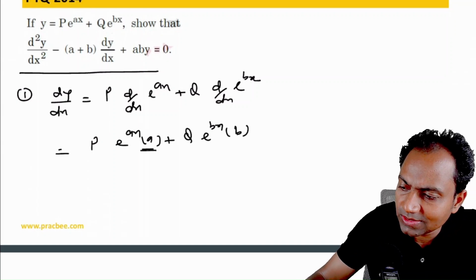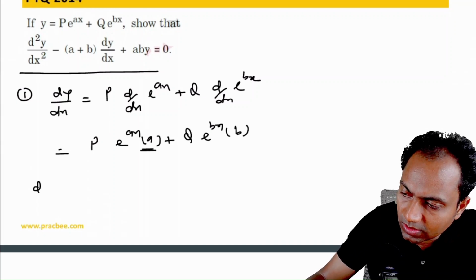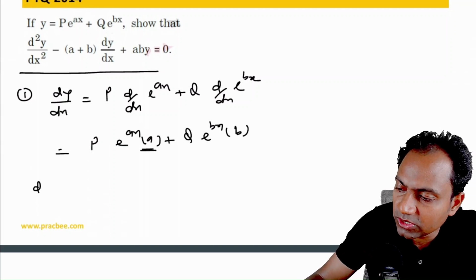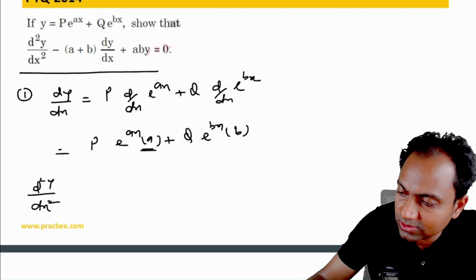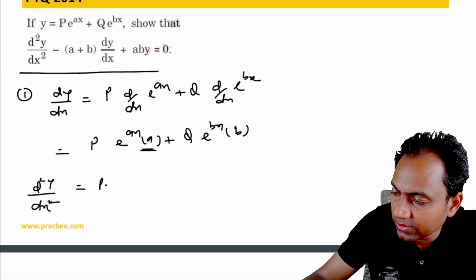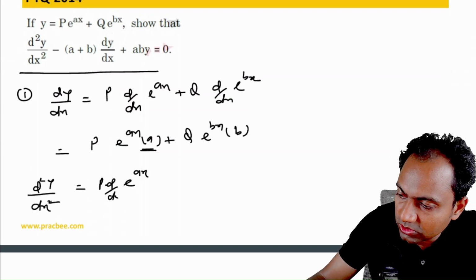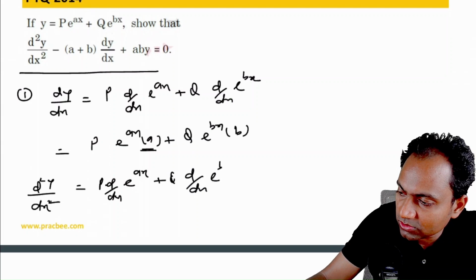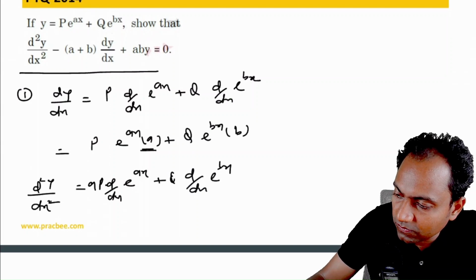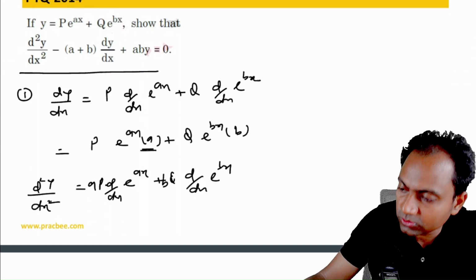If I differentiate the same thing one more time and find the value of d2y by dx square, it becomes p into e raised to the power ax, again differentiation of this part, plus q into d by dx of e raised to the power bx. And also 1a and 1b that we got earlier, we also need to write that.